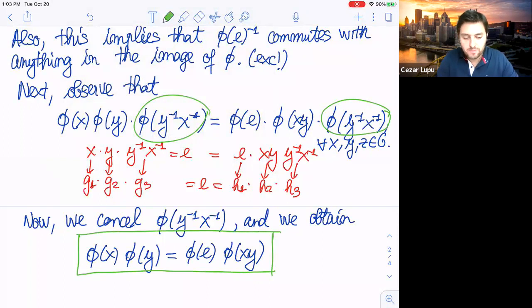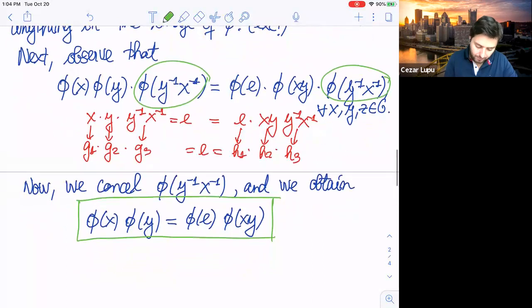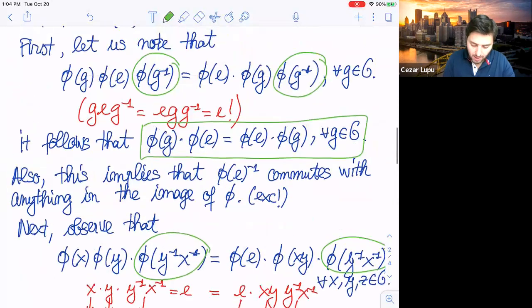But what can we do? What would you do here? Keep in mind that you have to obtain something about psi of x.